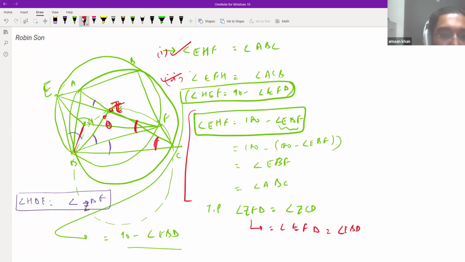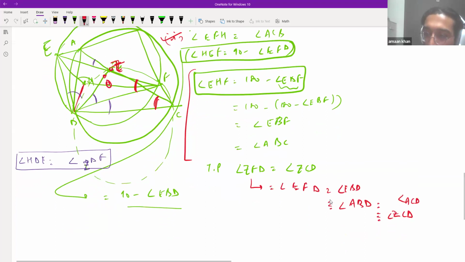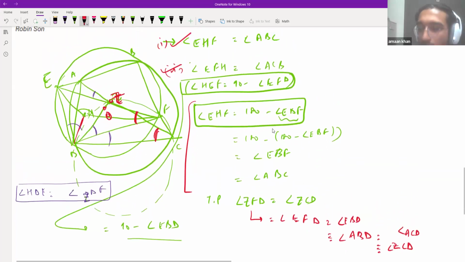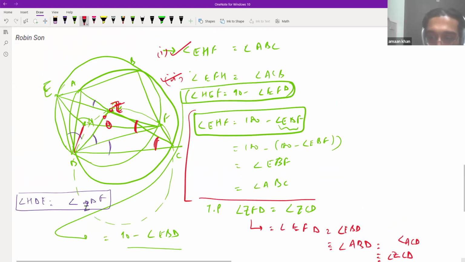And angle EBD is equal to angle ABD, which is equal to angle ACD. And ACD is basically ZCD. Does everyone get this, this whole angle system?